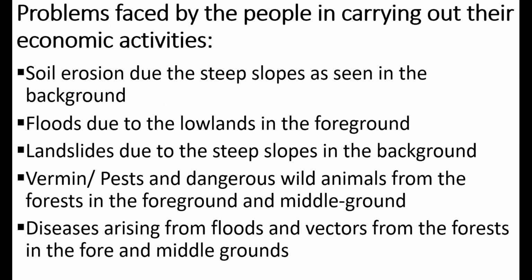What are the problems being faced by the people in carrying out these economic activities? And the evidence must be either inferred or directly visible and can be located on the photograph. So these are just some of the problems.